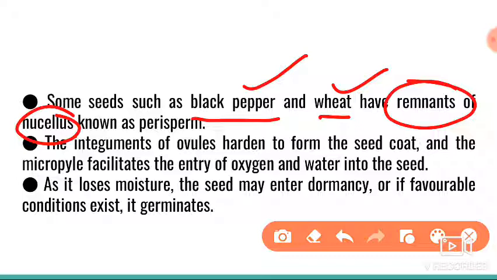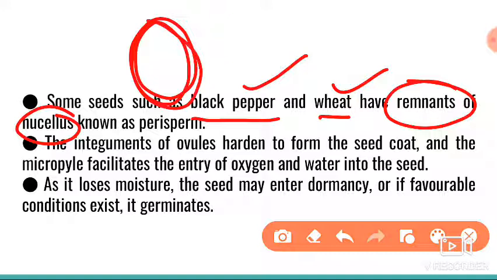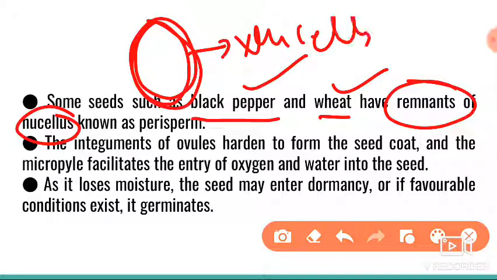Already we know the mass of cells present around the embryo sac is called the nucellus. Actually after fertilization it is going to disappear. But in some cases this nucellus persists after fertilization and the development of the seed. It remains present over there.